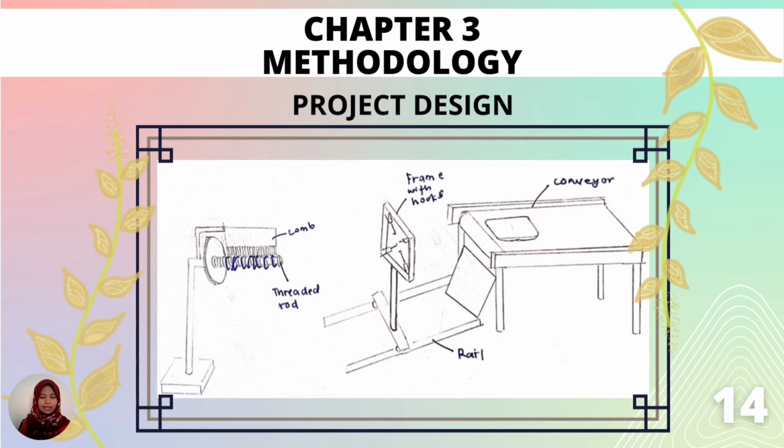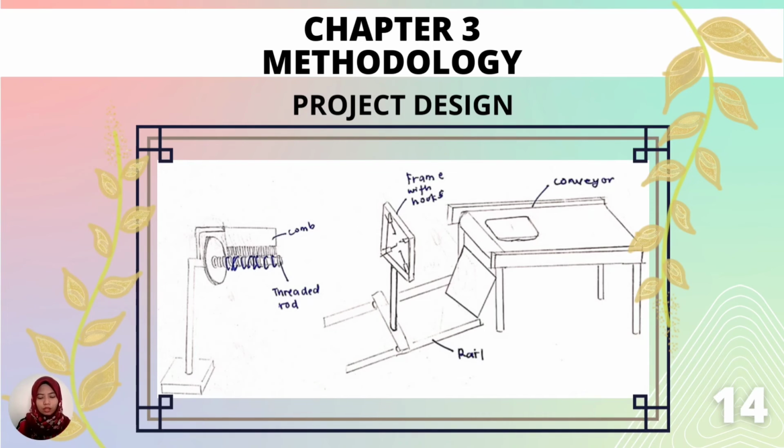This slide is the sketching of the full design of the binding part. It consists of a conveyor, frame with hooks, rail, and the rubber band supplier.